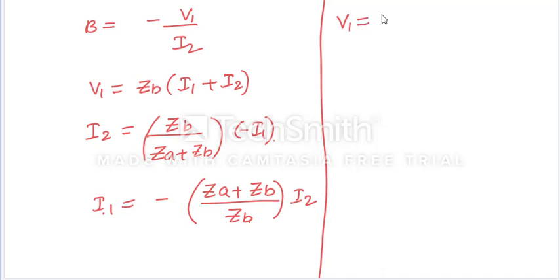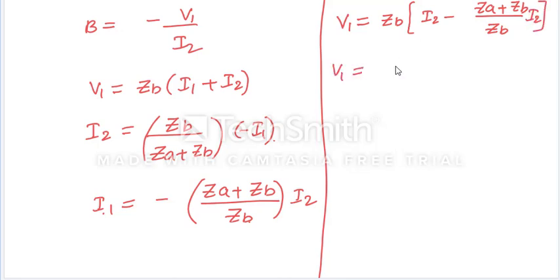So I can replace this I1 value here. So V1 is equal to ZB into I1, we eliminated I1, and how much is I1 in this thing? This is I2 plus I2 minus, I can say, no? So this is ZA plus ZB by ZB into I2 now.